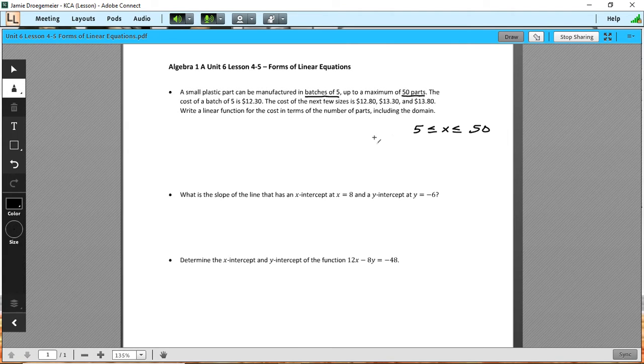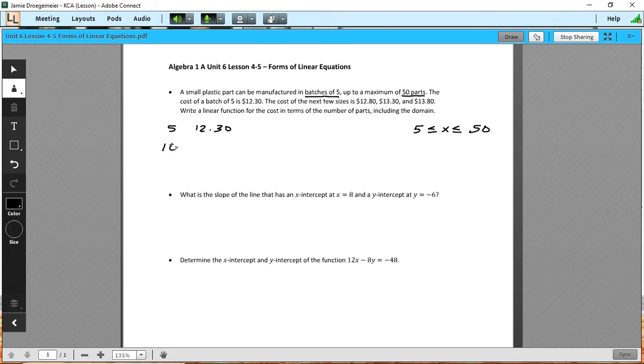And then when we think about creating our equation here, or our linear function, we want to think about what is the rate of change. And so the batches that we're given here, a batch of 5 is $12.30. It says the next few sizes, well, we do 5 at a time.